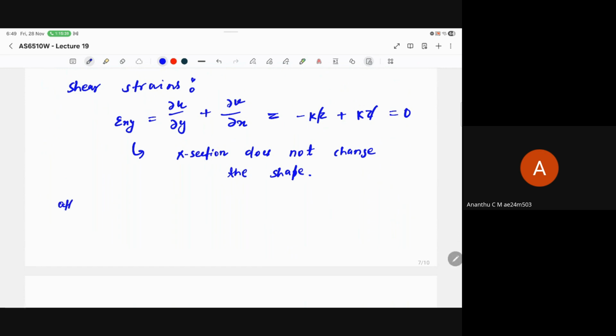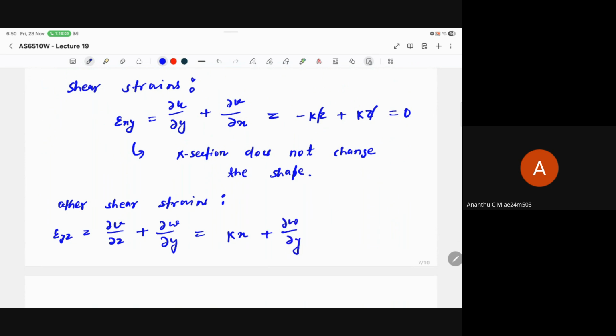So other shear strains. Let's talk about epsilon yz. This is going to be del v upon del z plus del w upon del y, and this will be kx plus dou w upon dou y.